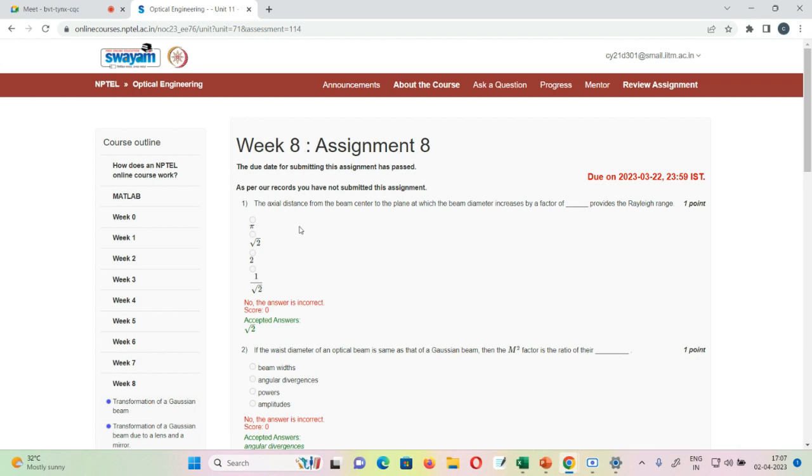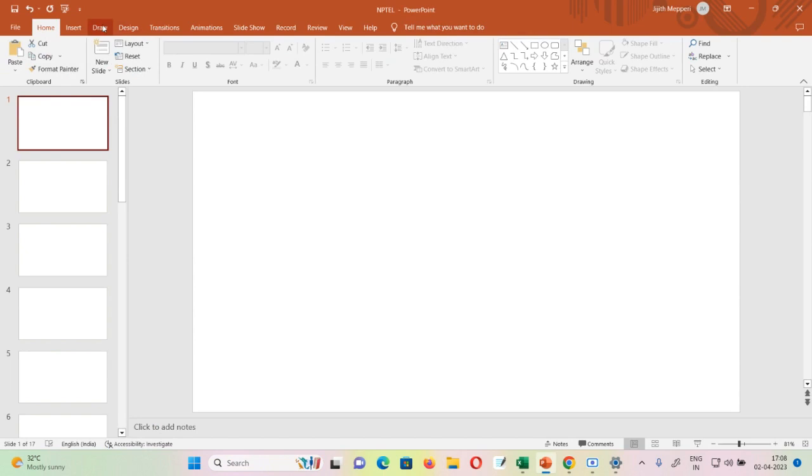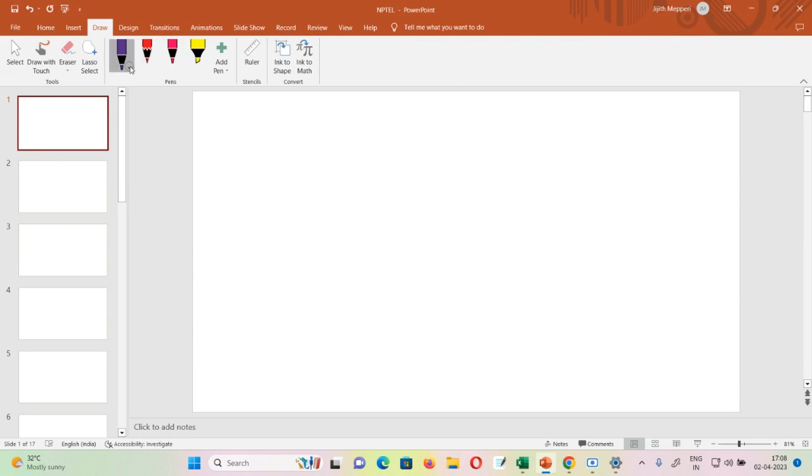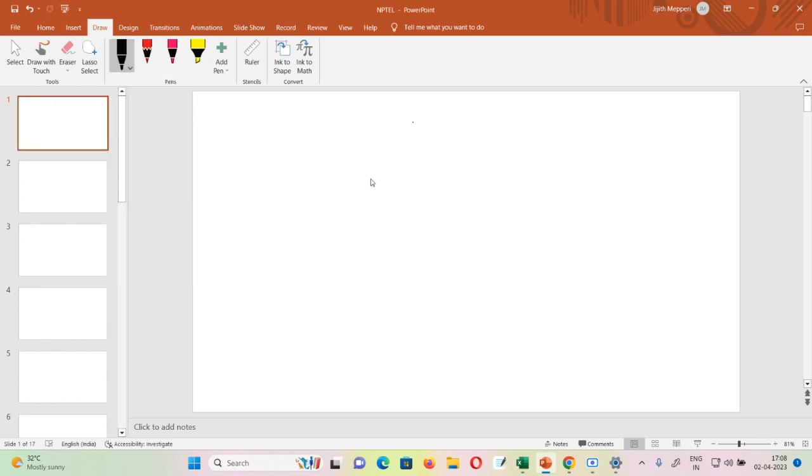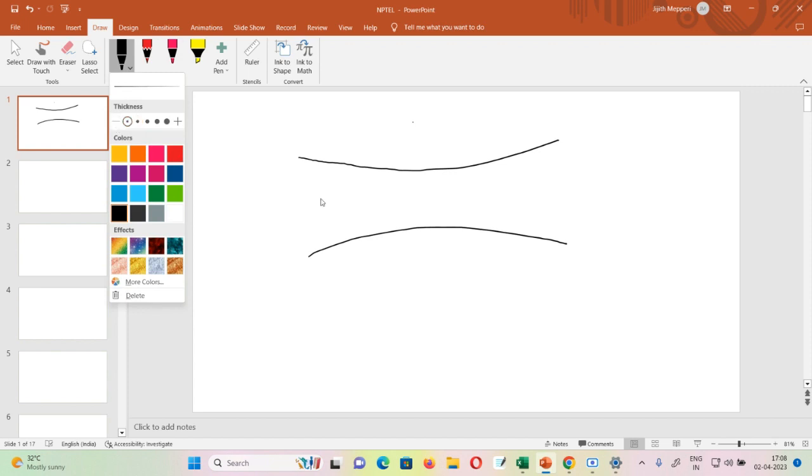The axial distance from the beam center to the plane at which the beam diameter increases by a factor of dash provides the Rayleigh range. So let us see what the question is. We have a Gaussian beam, and it will have an axial direction also. We draw the axial direction, something like this.